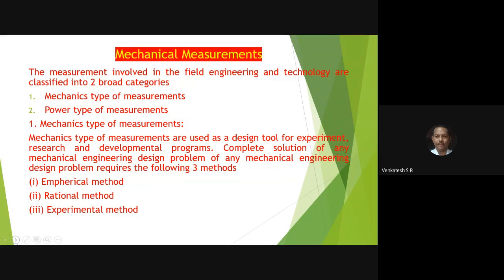Next, write down the next line: power type of measurement.